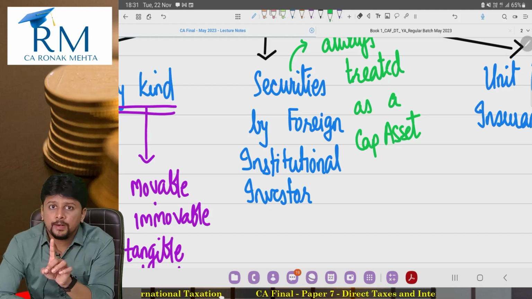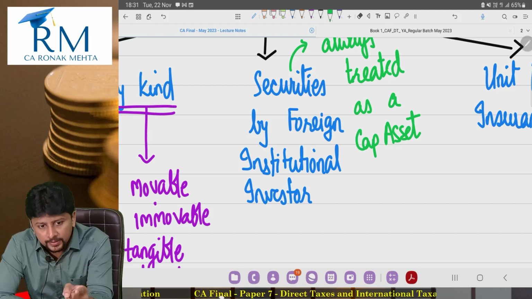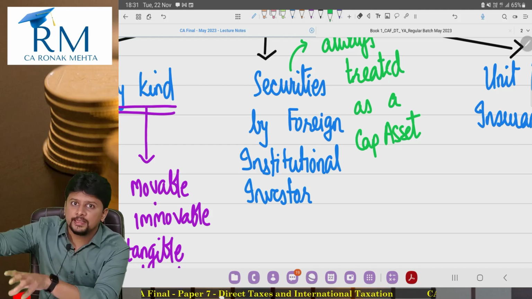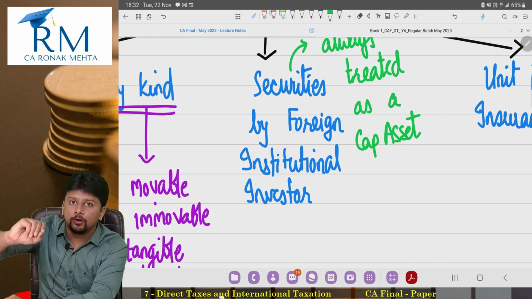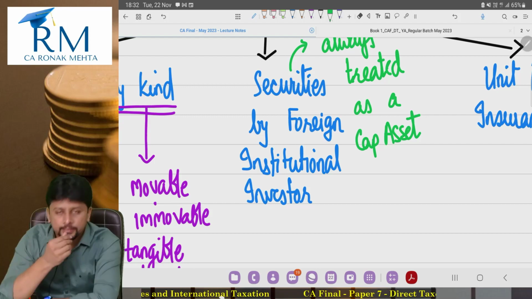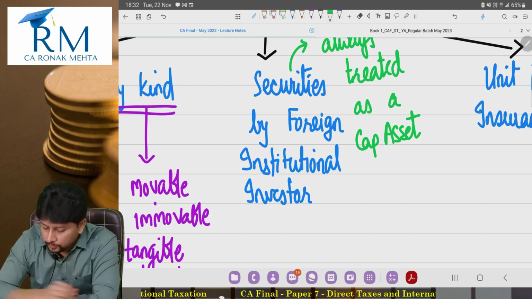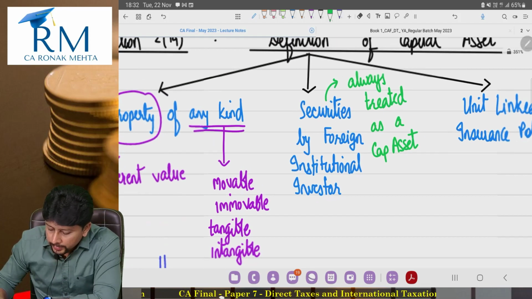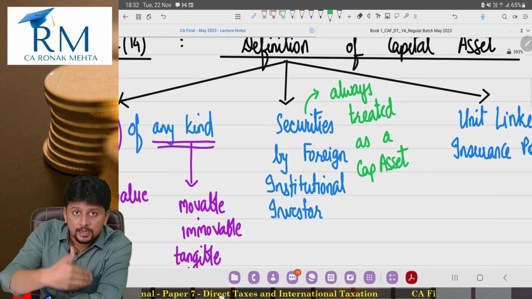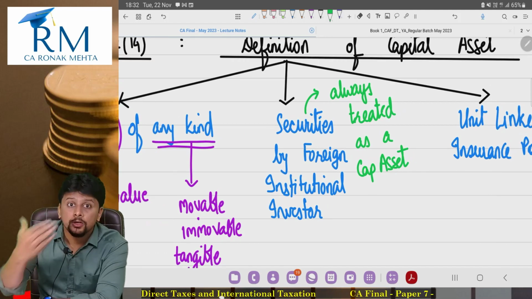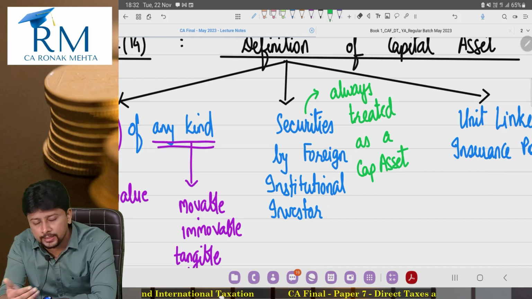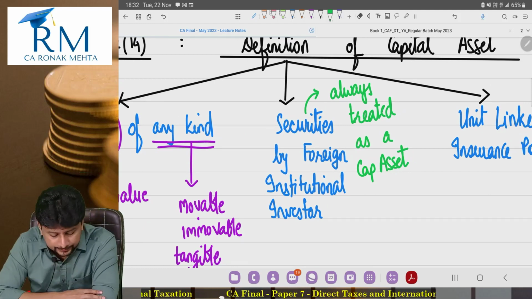And the moment you apply the capital gains head, it means we are giving them the benefit of the capital gains tax rates, which is obviously lower than 40%. So our intention is to ensure that these foreign investors continue to invest money into India in securities, and so we are saying it's always a capital asset.